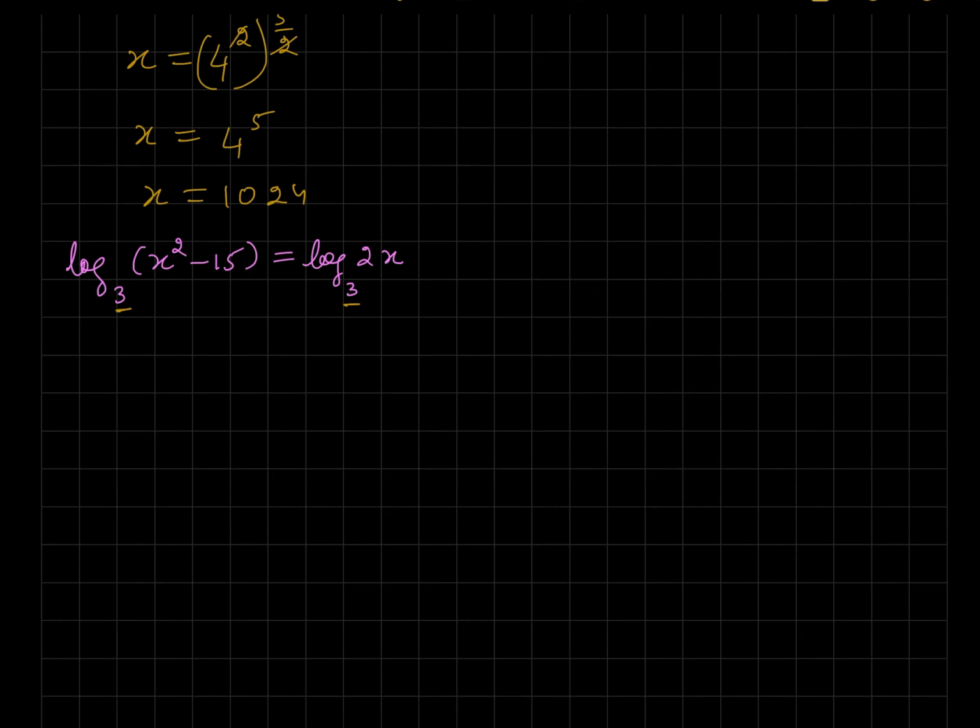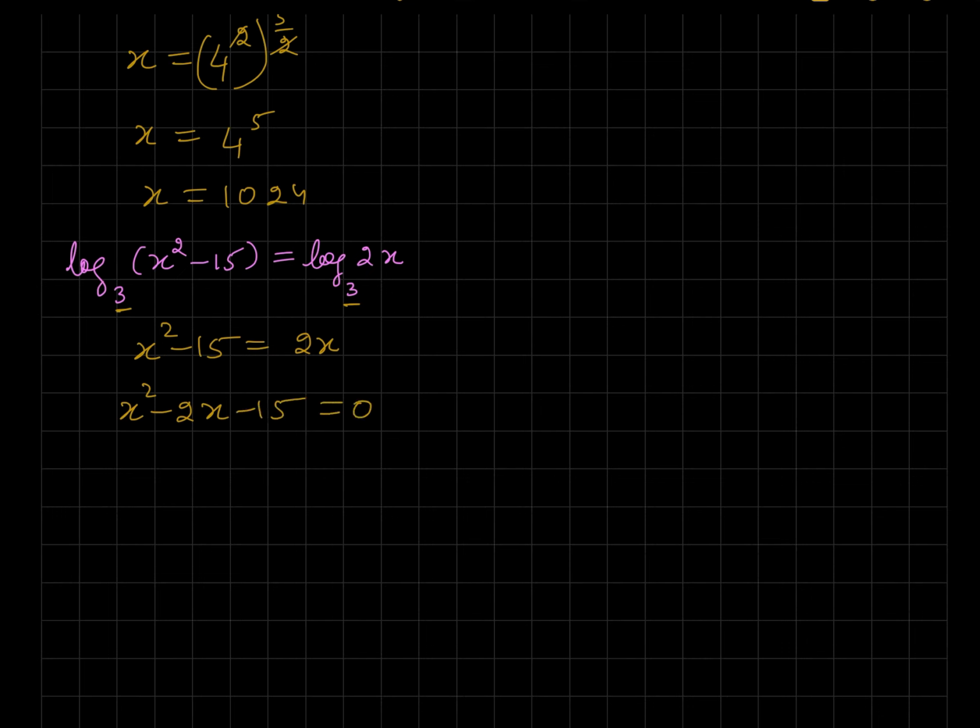So we will go deep into this, but right now I have taken same base numbers only, so there is no problem. So we can now simply compare x square minus 15 is equal to 2x, and then doing the balancing, negative 2x on both sides, I will get x square minus 2x minus 15 equals 0.